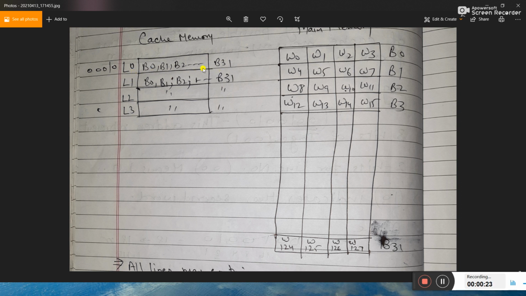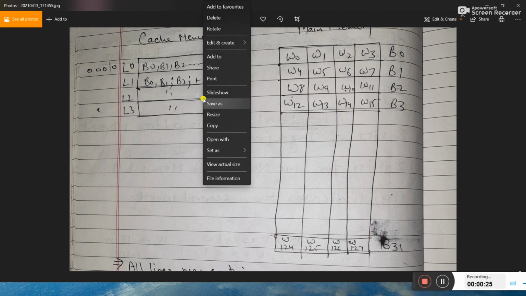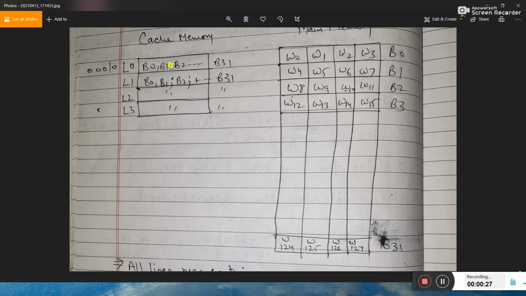This was the great harm and a problem in direct mapping: if line 0 is empty and no data is required there, no particular block is filled, so it stays totally empty, which is a loss of space. To tackle this problem, fully associative mapping is considered.